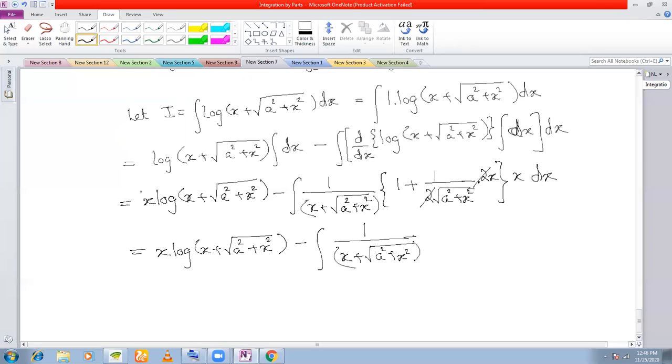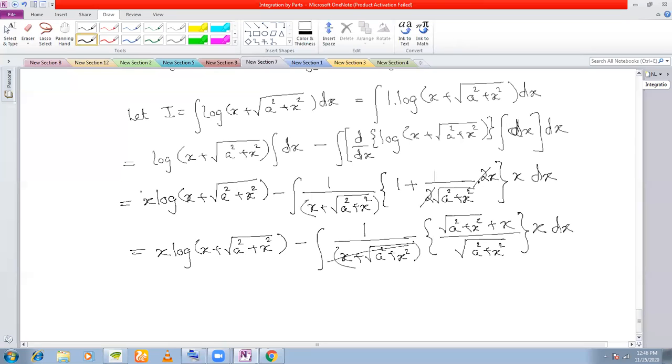And here if you take the LCM, what do you get? You get root of a square plus x square plus x in the numerator, and in the denominator you simply get root of a square plus x square, into all this, into x dx.